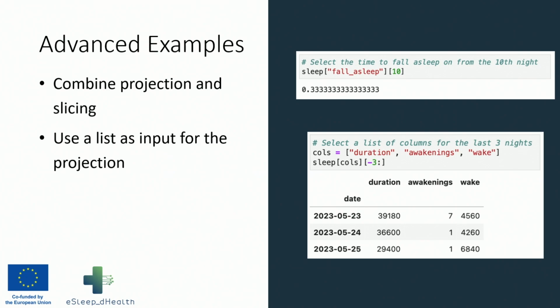We use 3 different columns: duration, awakenings, and wake. And then we only use the last 3 elements until the end of the data frame. It might sound a bit complicated right now, but you have the exercises to play around with this type of slicing, and I'm sure you will get the hang of it very quickly.